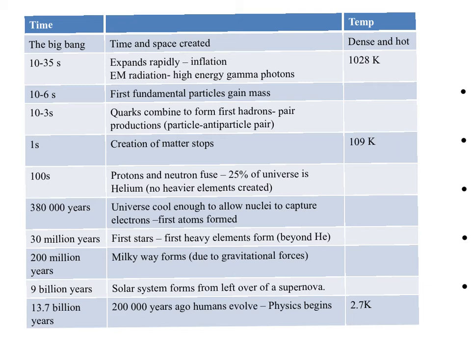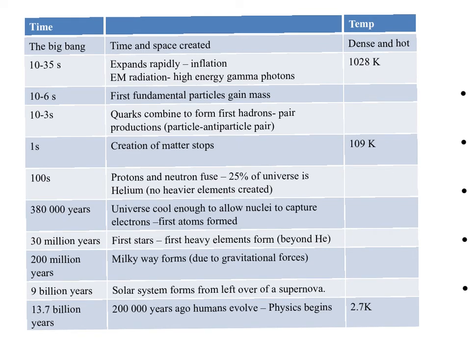Okay, so what we have is that since the time of the Big Bang, we have certain timings that show what happened in terms of the universe's age. So time and space were created in the Big Bang. Before it was a very infinitely dense, hot point.